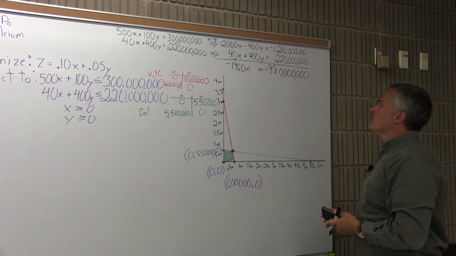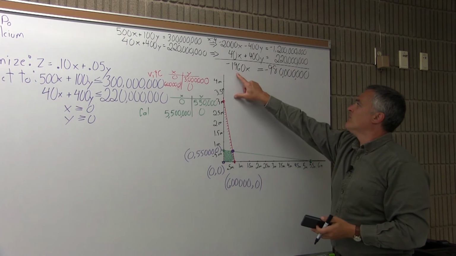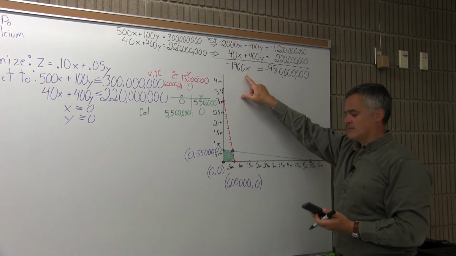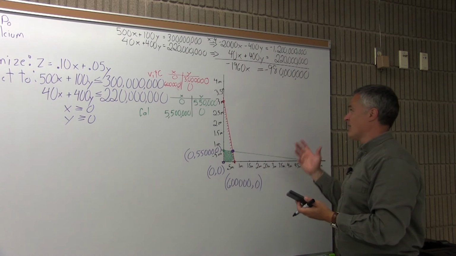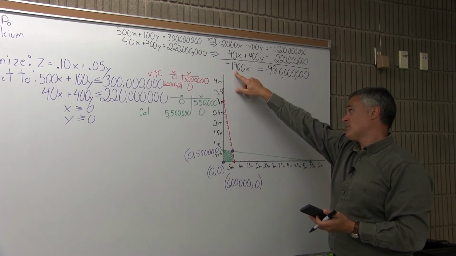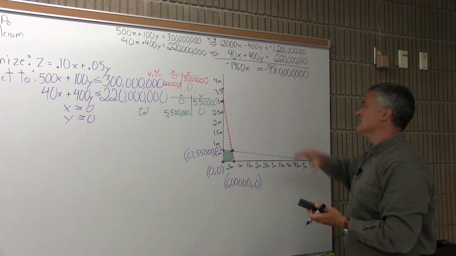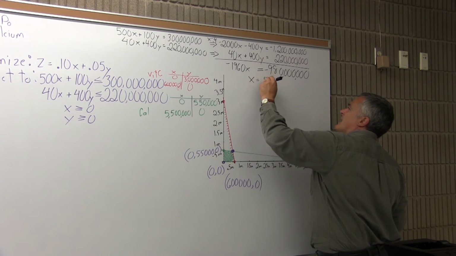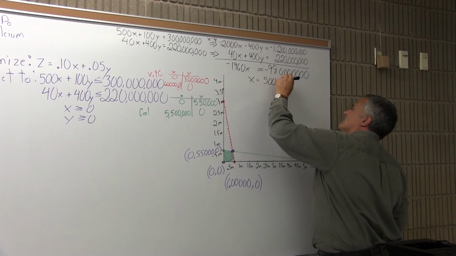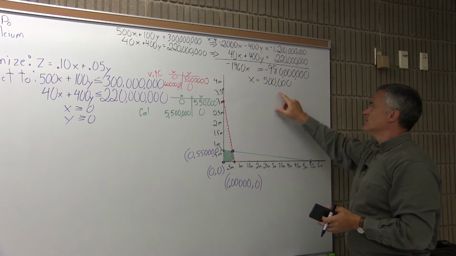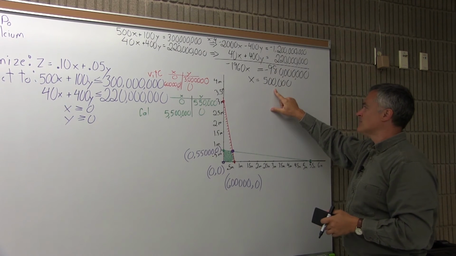Now, I'm really, really hoping that when I divide this negative number by negative 1,960, I get a whole number result. I think I do. So let's try it. And again, I'll do that on the calculator. So when I solve for x by dividing both sides by negative 1,960, I am very happy to see that x equals 500,000. That's a nice number. It's big, but it could be so much worse.